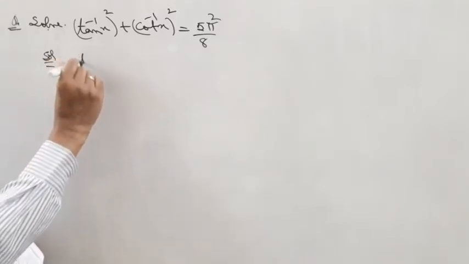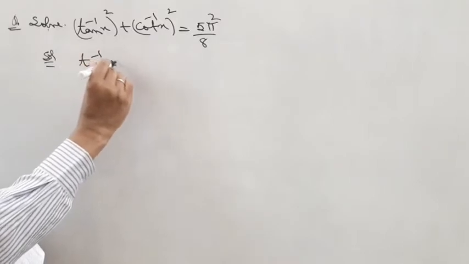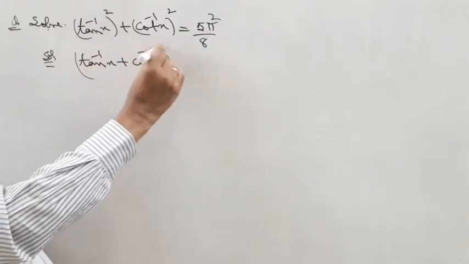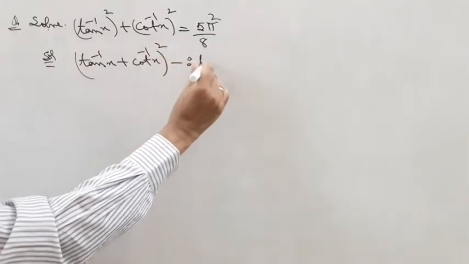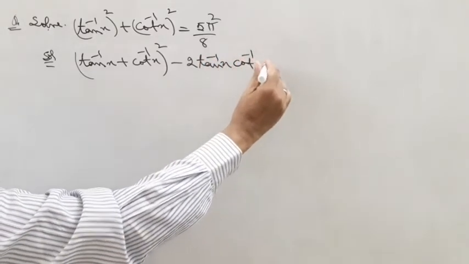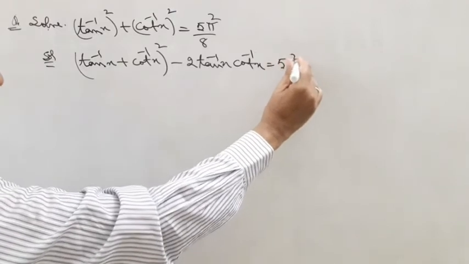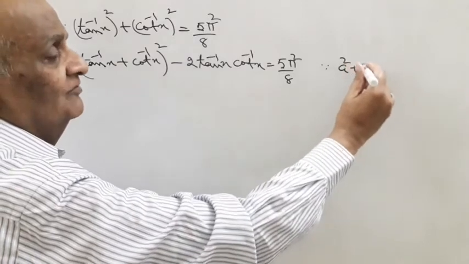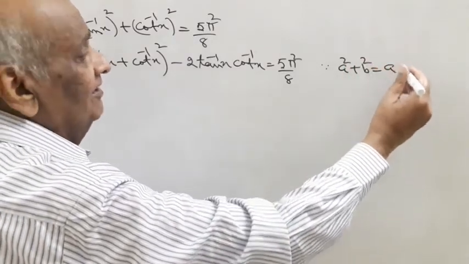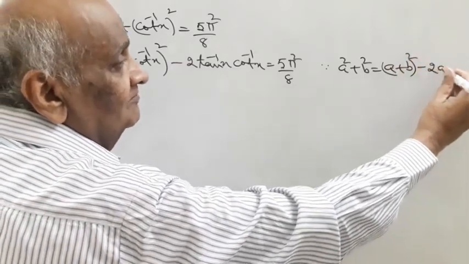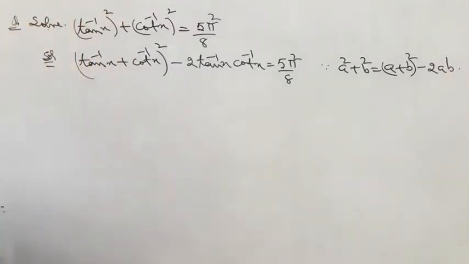So it is tan inverse of x plus cot inverse of x the whole square minus 2 tan inverse of x cot inverse of x is 5 pi square by 8. Here take the reason, because a square plus b square is a plus b the whole square minus 2ab. Verify this, because we have a square plus b square plus 2ab.